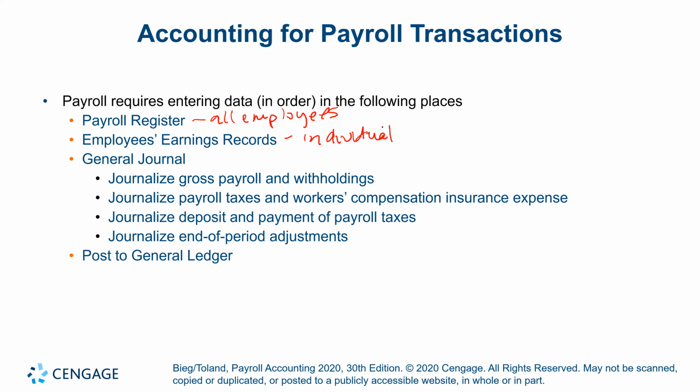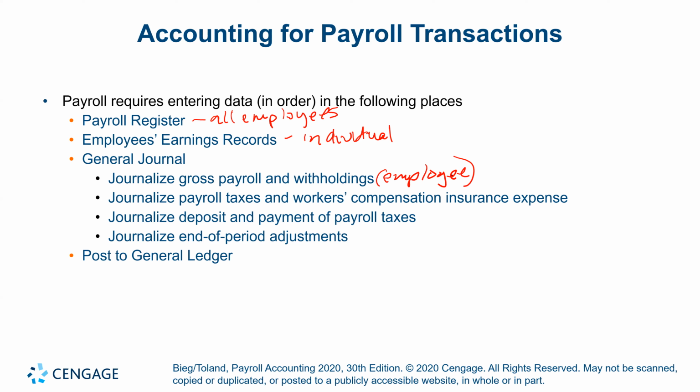And then some of the entries that we have to do. We have to do a journal entry to record gross payroll and withholding. This is from the employee side. We're going to see examples of these entries as we go through, but essentially we're debiting salary and wage expense and then crediting all of the taxes and deductions that we took out.